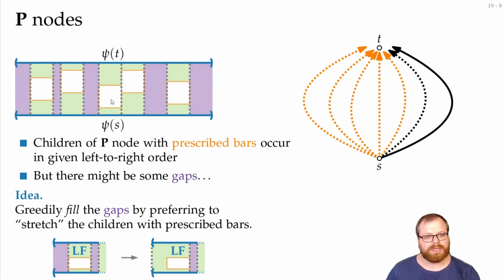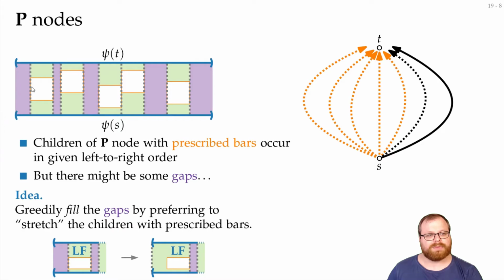So here we only have to figure out, do we have a loose or a fixed one? So we ask our children, can you be loose on this side? If yes, stretch it, otherwise keep it where it is. And then we have filled as many gaps as possible, and for the rest, we place these remaining components.